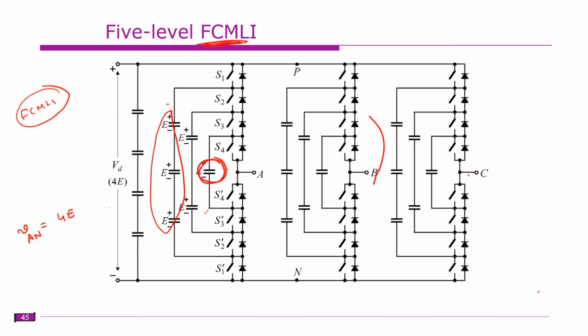No. S2 and S4, I think. Obviously, if you want this one, this must be turned on, that's why you have access to this one. So it must be S2 and S4.